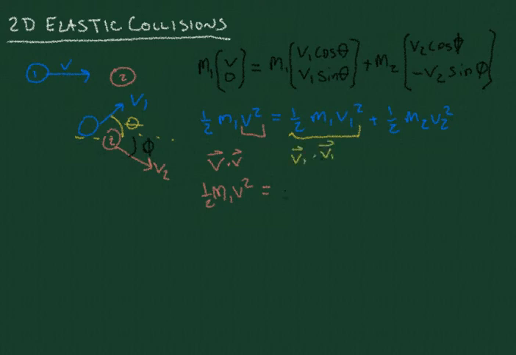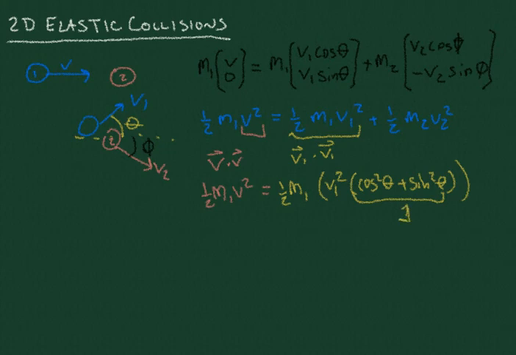Okay, so this is 1/2 m1 v1 dot v1, which is v1 squared times cosine squared theta plus sine squared theta. Well, this is also 1. This is a trig identity that you may or may not know. Cosine squared theta plus sine squared theta is 1. So this is actually true for the speeds as well, and we see that by taking the dot product. So this kinetic energy equation holds.